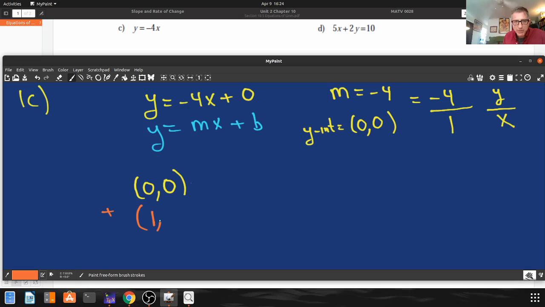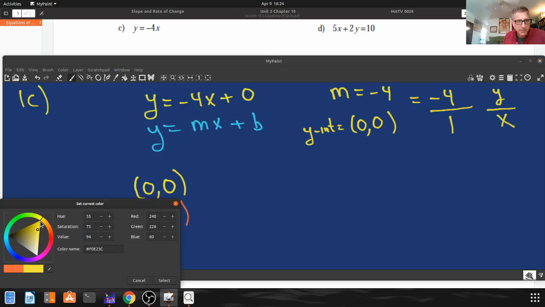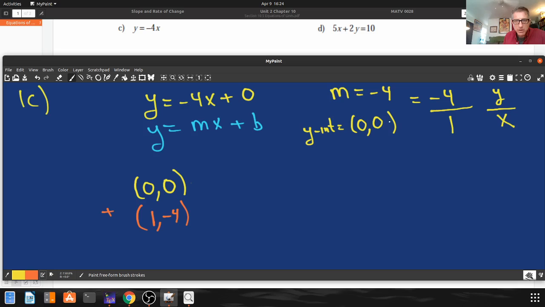And my y value is minus 4. And now you're going to see exactly what I said before. Whenever your line goes through the origin, and we know it does because its y-intercept is the origin, then the adder point is an actual point on our line.